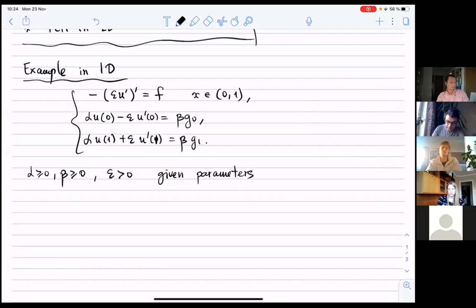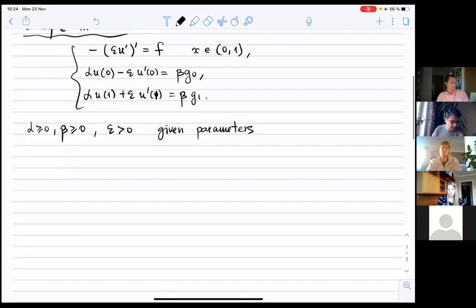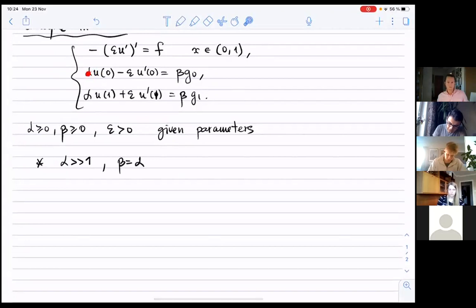Let's continue talking about what we have. We have several situations. For example, if alpha is a huge number, 10 to the plus 6, for example, and beta is equal to alpha, also 10 to the plus 6, we end up in the situation that we had, I think, in problem 2 in the lab.